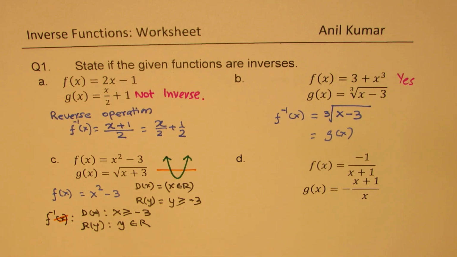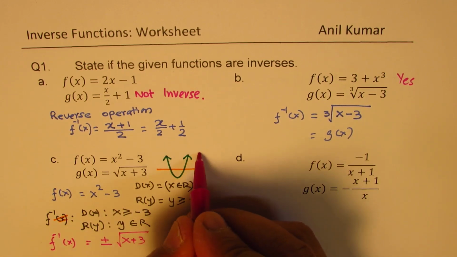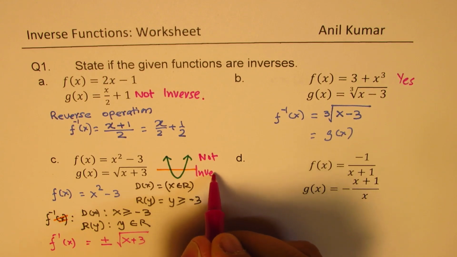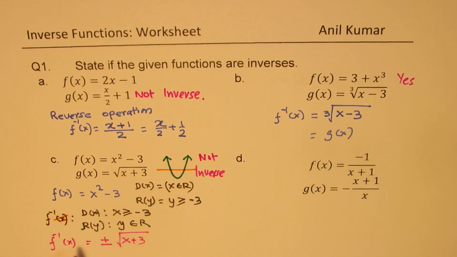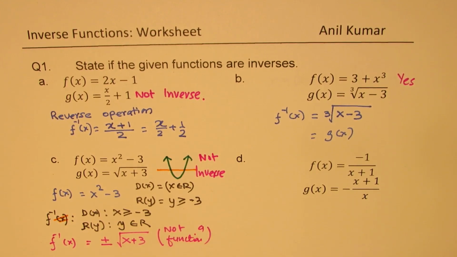So truly speaking, the inverse of this particular function, I should not write like this, it is not a function, will be plus minus square root of x plus 3, right? You get the idea, right? That is going to be the inverse. So this one is not inverse. And inverse is not a function. So let me write down which is not a function. Clear?